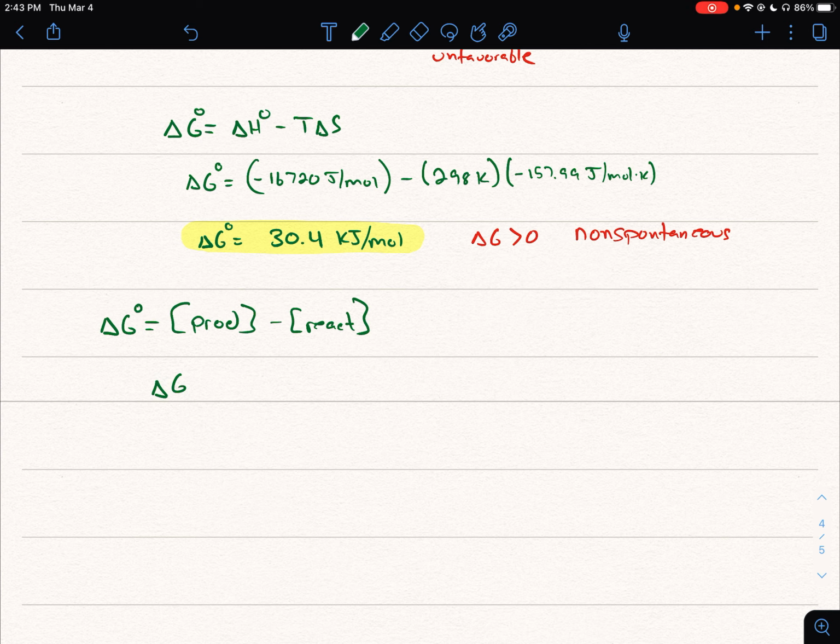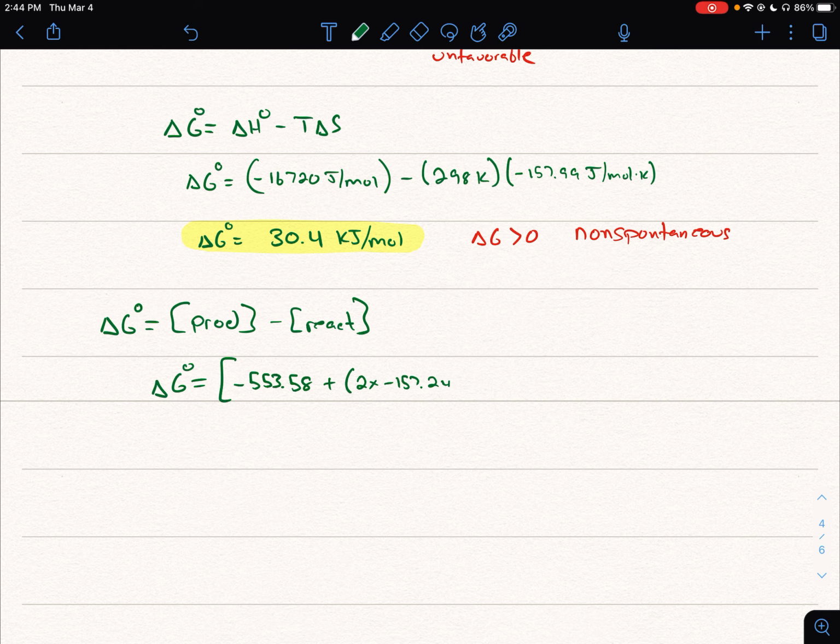So in this case, our delta G is going to be the sum of all of our products. So we're going to have our negative 553.58 plus 2 for the hydroxide times negative 157.24, and then subtract the Gibbs free energy of our reactants, which in this case is negative 898.49.